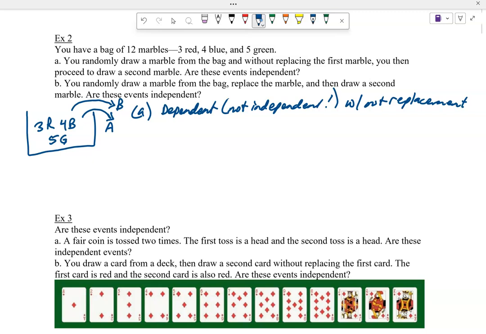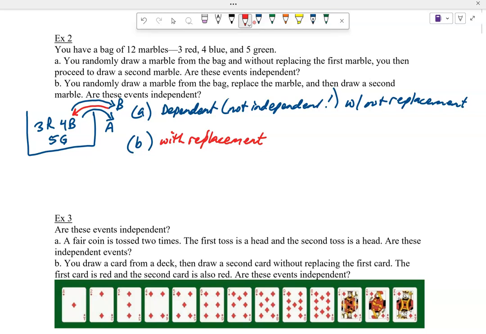Now part B, second question on this says, you randomly draw a marble from the bag, but then you replace the marble. You put it back in. Well, if you put it back in, that's different. This is called with replacement. So I take a marble out, but I put it back in.